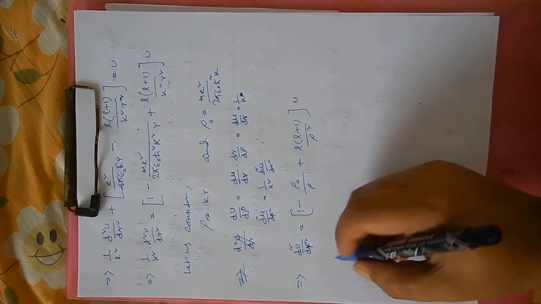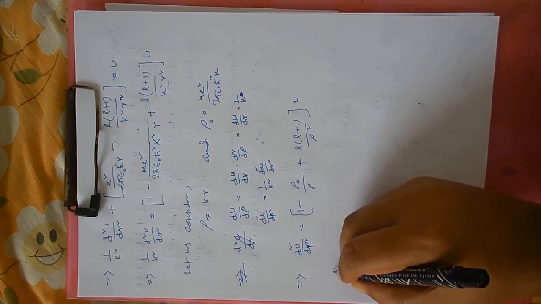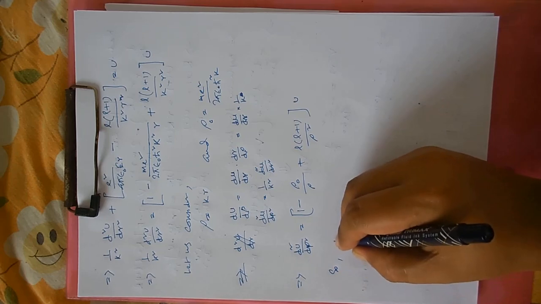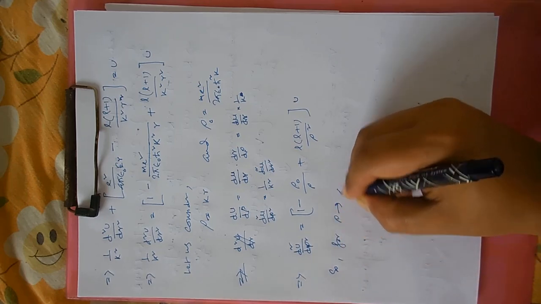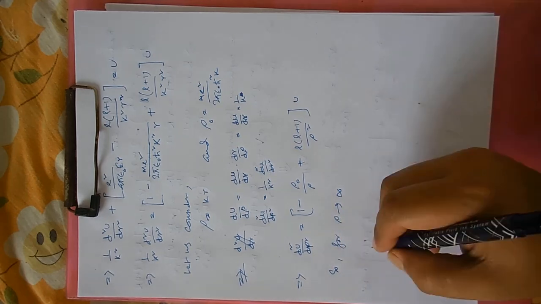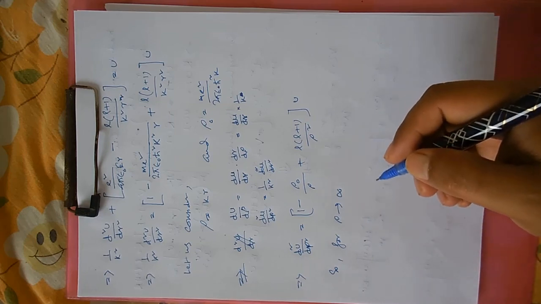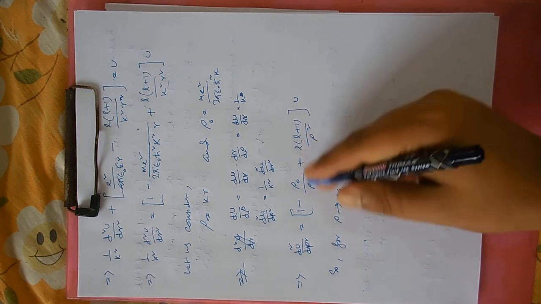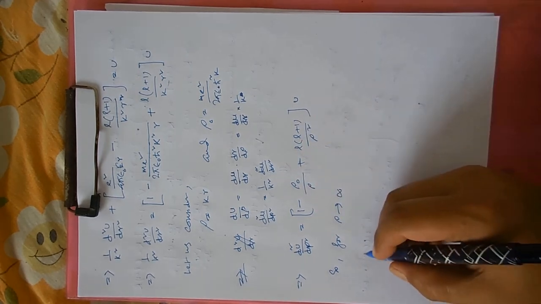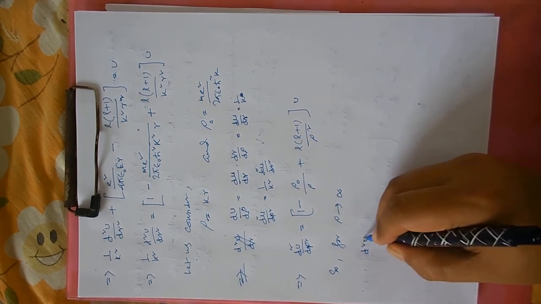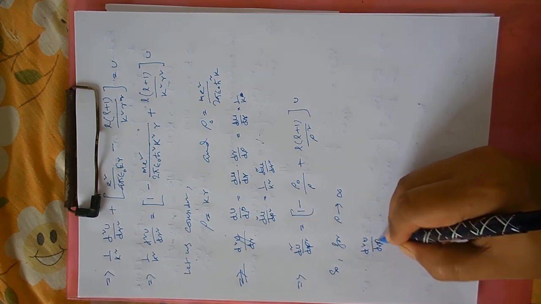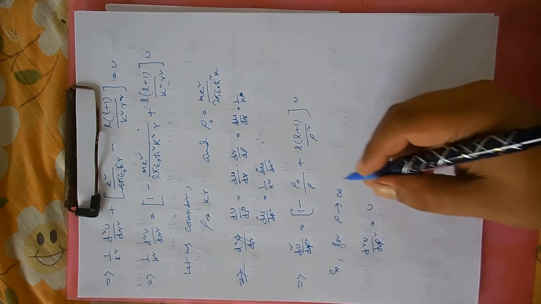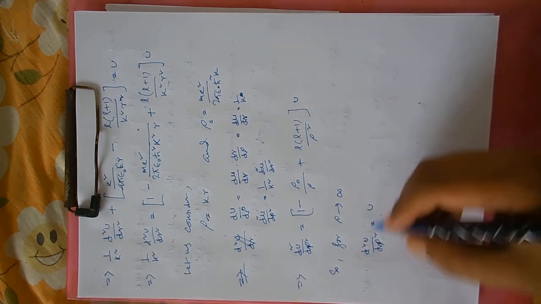First, let us think of rho tending to infinity. You can easily understand this two terms will blow up, and we will be left with only d2u by d rho square equals u, right? This is very simple.